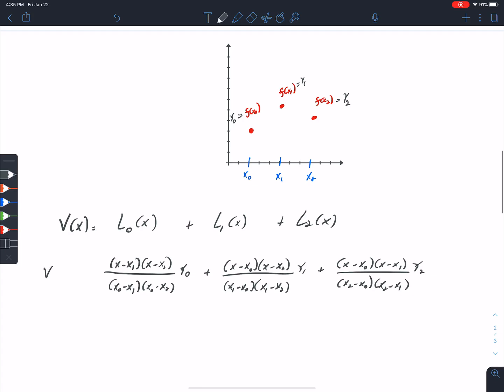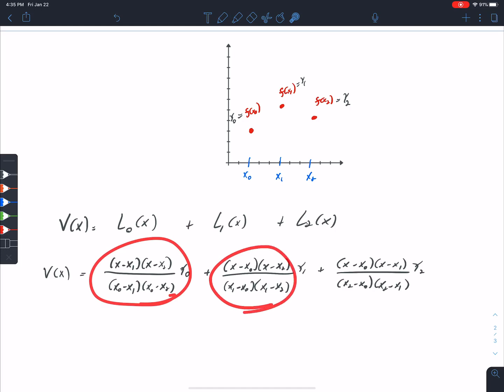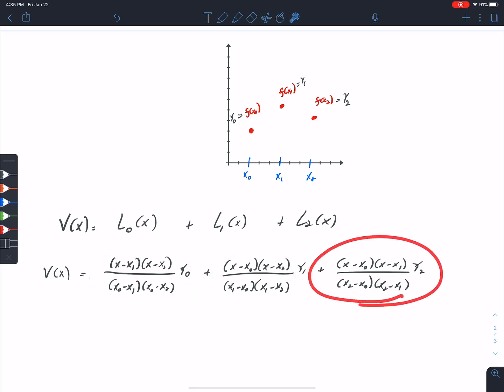So our end result, now we solved for a quadratic function that passes through these 3 points, and our result is written here. We don't have to solve for those coefficients using Gaussian elimination or anything. These coefficients are given. If you expand this out and regroup them, you can get the coefficients right away, right?